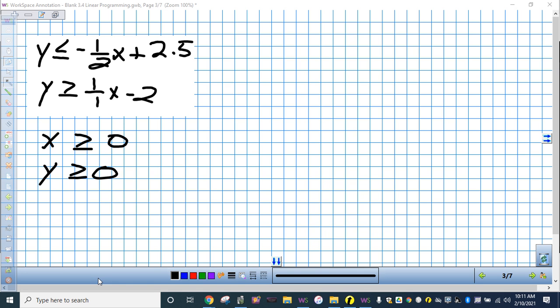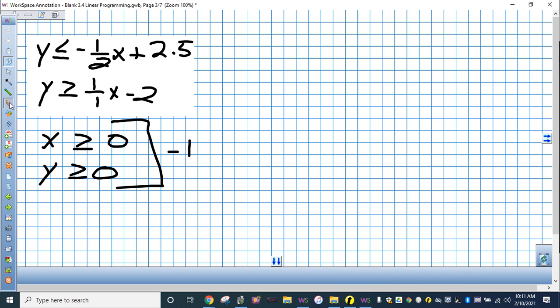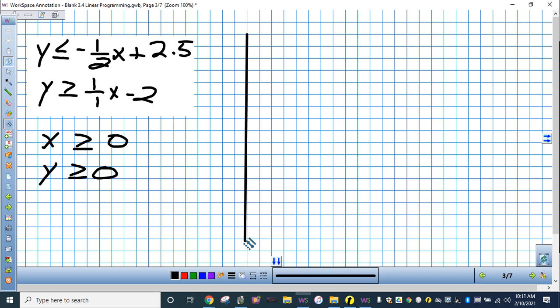When you see a problem, they don't tell you you have to have x and y greater than or equal to 0. Remember, this single problem you're going to be quizzed on is going to be worth 12 points. If you forget that x and y are greater than or equal to 0, you would lose 1 point. So don't forget that. It's so easy to forget it and lose that point. It'll just make you mad. So this means we're going to force this whole thing into quadrant 1. X and y are greater than or equal to 0. No negatives allowed. So I'm only going to show quadrant 1 when I graph.